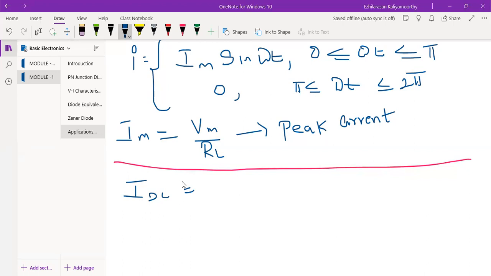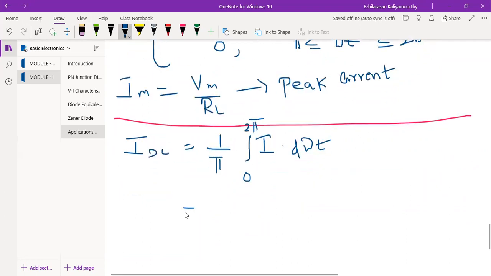IDC, or DC current, or average current, is defined as 1 by 2 pi, the interval of 0 to 2 pi, I into d omega t.